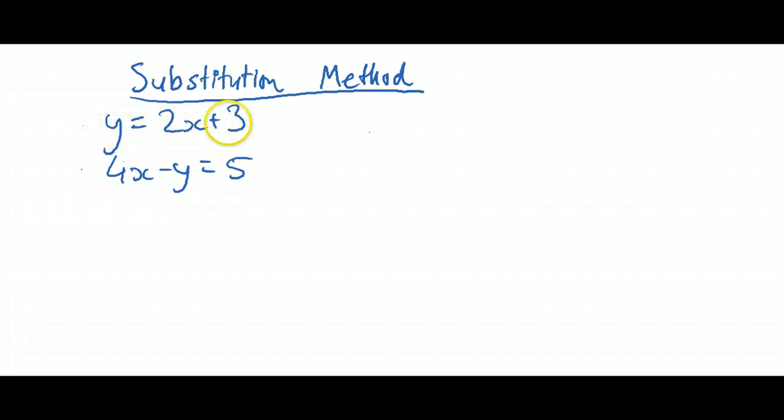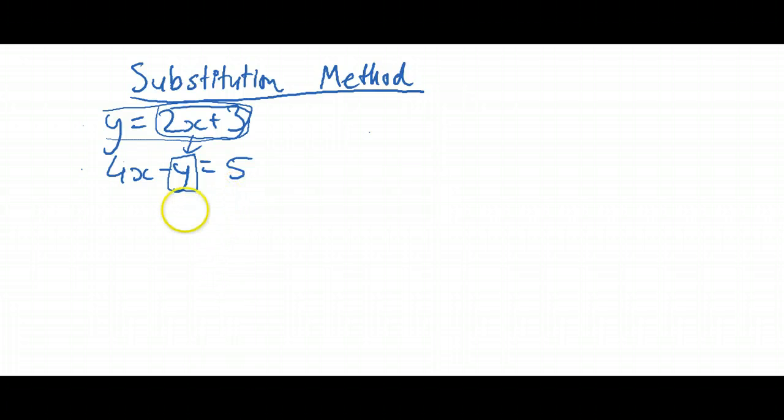Okay, once we've got one of the equations like this, then we're ready to substitute it into the other one. So in this other equation, see how we've got y here? We're going to substitute y equals 2x plus 3 into there. Because we know from this equation that y equals 2x plus 3, we're going to put 2x plus 3 in for y.